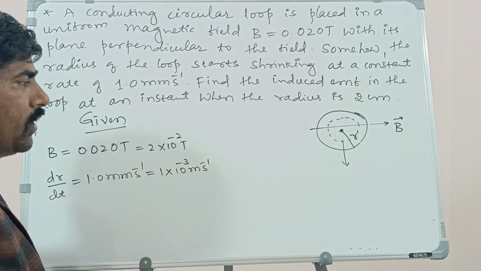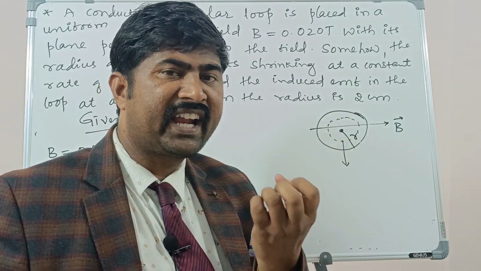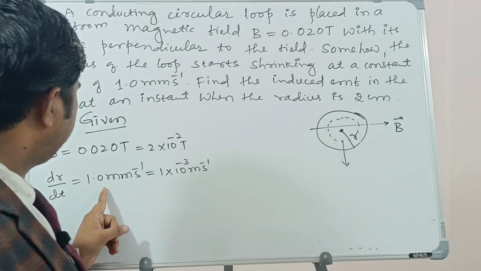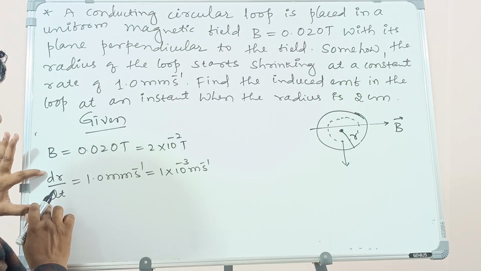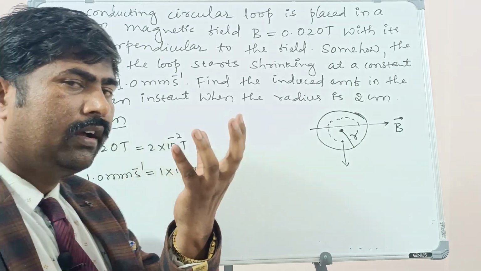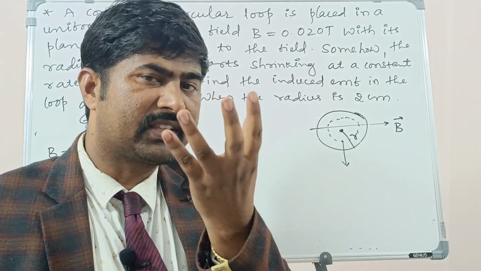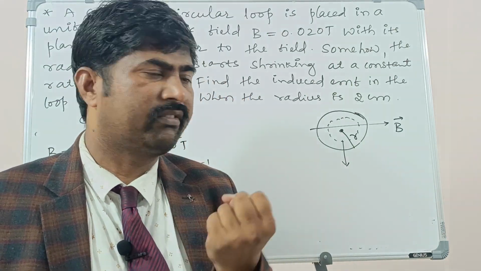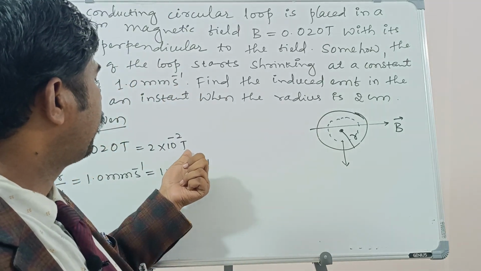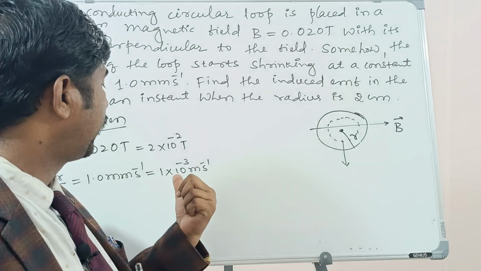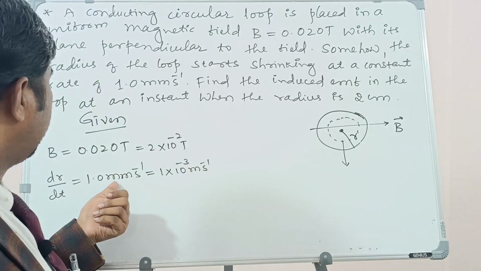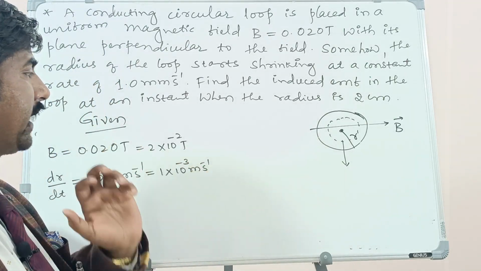So dr by dt gives the velocity, that is, its size is reducing with a velocity of 10 power minus 3 meter per second, since milli means 10 power minus 3.